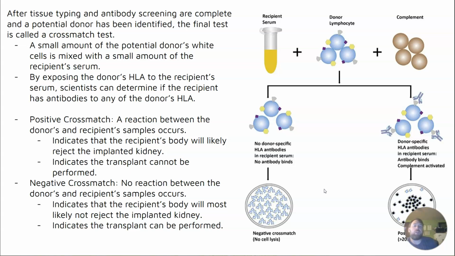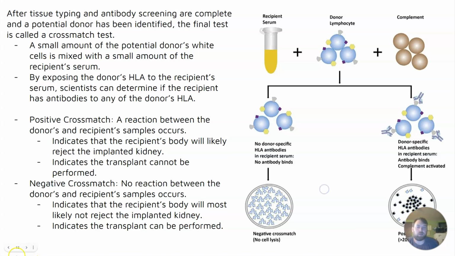So we are making sure we can find negative cross matches between the HLA antigens and the antibodies in the recipient's serum. We're trying to make sure that the immune system of the recipient will not attack the HLAs of the donor.